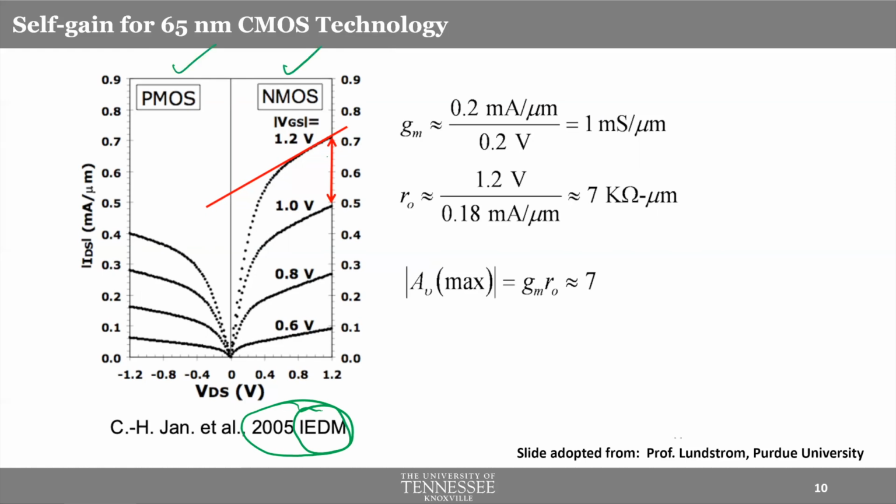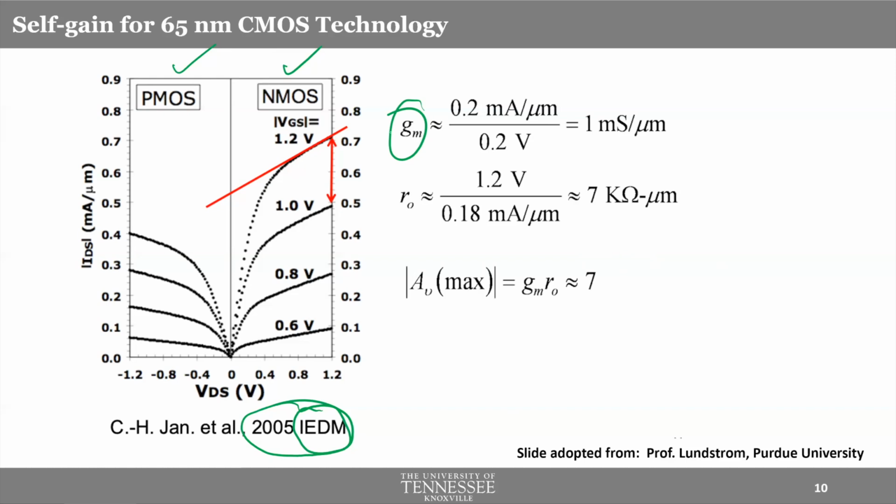There will be some mismatches because of some mismatches in the device characteristics. We are not getting to the details of it, but our target here is to estimate from this real transistor data the values of transconductance and output resistance, and to eventually find out the maximum possible gain from this technology.